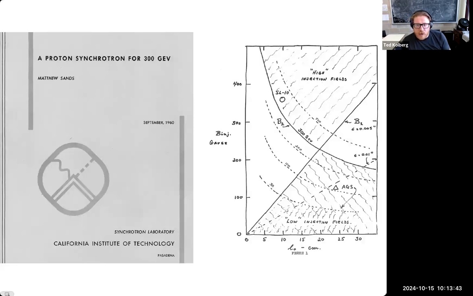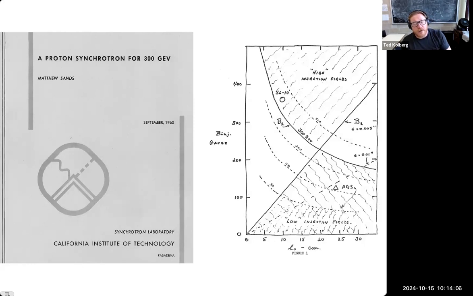The main challenge in constructing a very high energy synchrotron, so talking now about the hundreds of GeV range, is the simultaneous need to have a large aperture, meaning that the physical size of the beam pipe where the magnetic and the RF fields are applied has to be large when you're injecting particles at low energy.